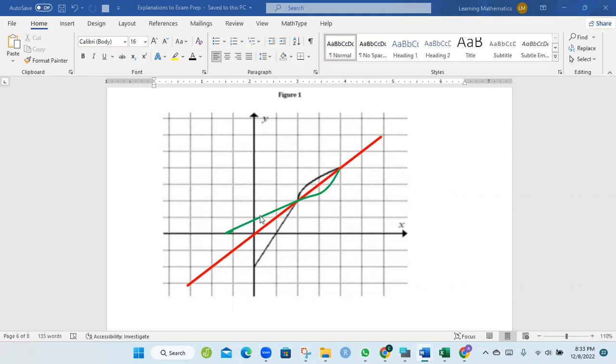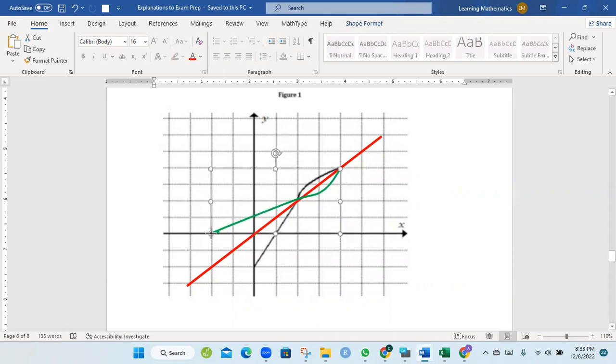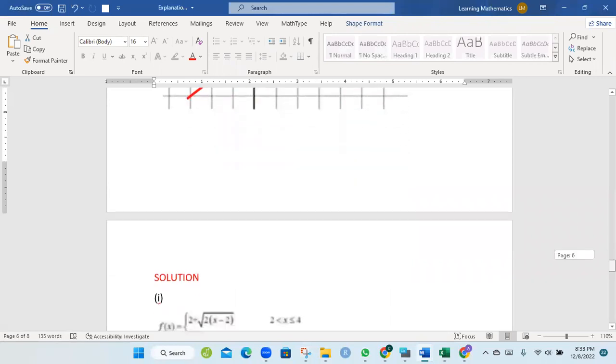Also, as you can see, here's the inverse in green. So the domain is from negative 2. Negative 2, negative 1, 0, 1, 2, 3, 4. From negative 2 to 4.